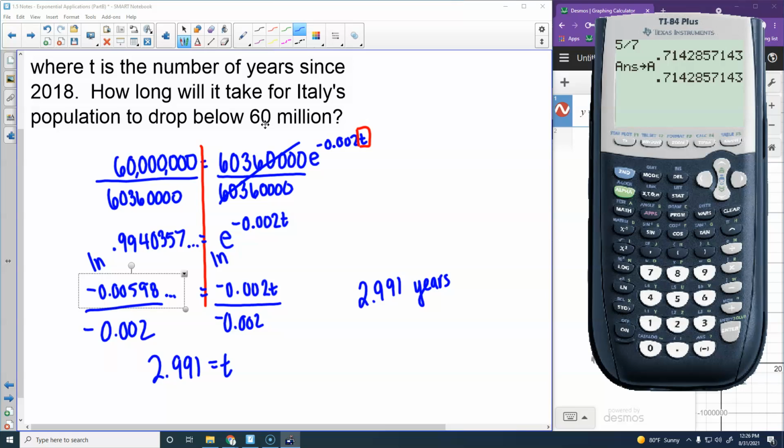You don't have to do that, because you are correct, it's going to be exactly 60 million. But because this is continuous growth, the instant after that, it's going to drop. So it's okay with me. You don't have to think through that far. You can just use 60 million exactly. That's fine.